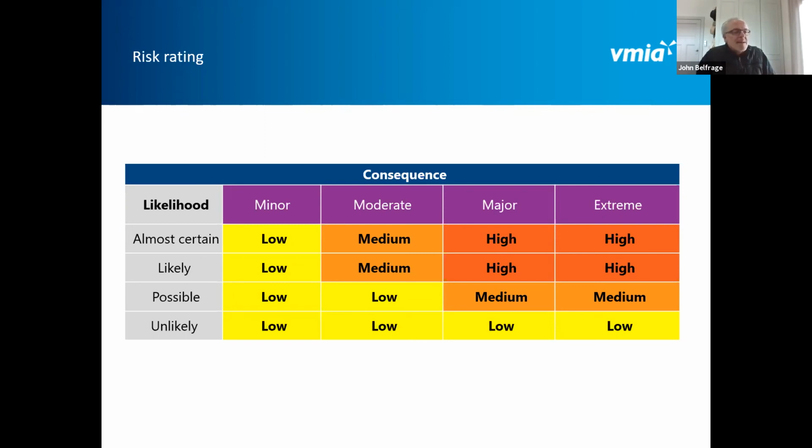Each level in the table needs to be clearly differentiated, and VMIA can provide advice on this. Likelihood of the risk event occurring, that is, should also be described in a table, and wherever possible, be based on historical experience where the outcomes are known.